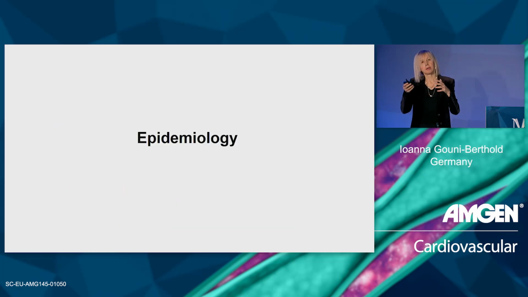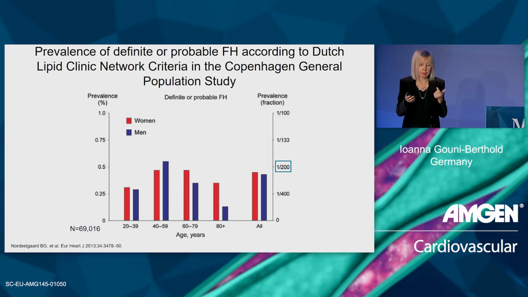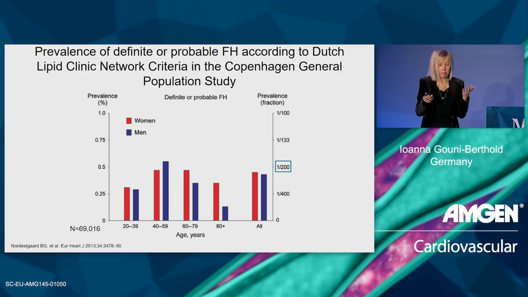Now, this unbelievable, dangerous disease, how common is it? And it's actually quite common. I remember when I was in medical school, it was considered really an exotic, rare thing. Yet it's actually not. It's 1 in 200. So I'm sure many of us have these patients in our praxis.